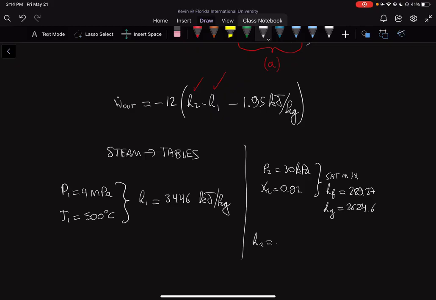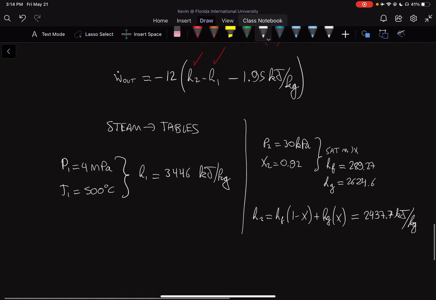So we can say that h2 is equal to hf times (1 minus x) plus hg times x. And by plugging in the values, we get that our h2 is equal to 2,437.7 kilojoules per kilogram. And now we have all our terms for our above equation.